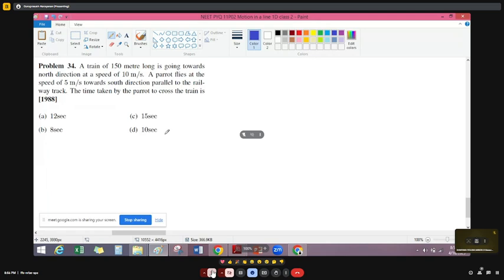A train of 150 meter long is going towards north direction. Okay, that's my train. I don't want to waste too much time drawing it. Let's assume for this problem, you are going this way, north direction doesn't matter, at a speed of 10 meters per second.